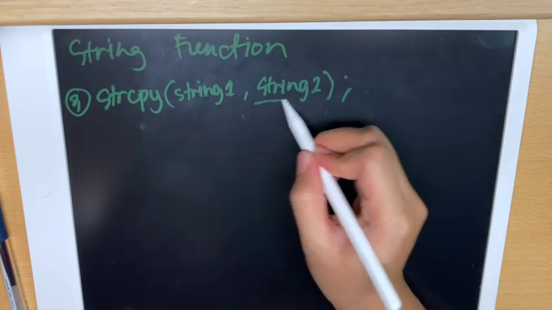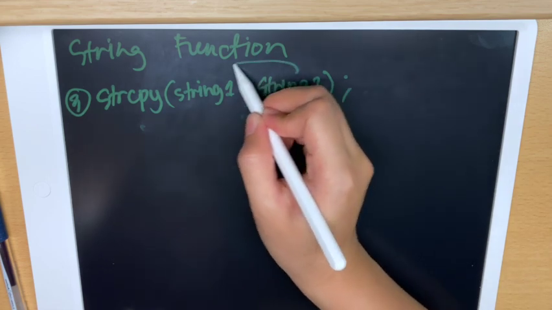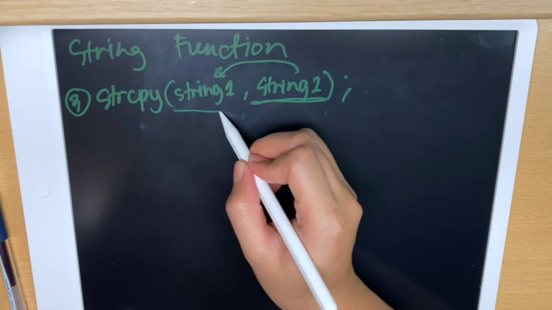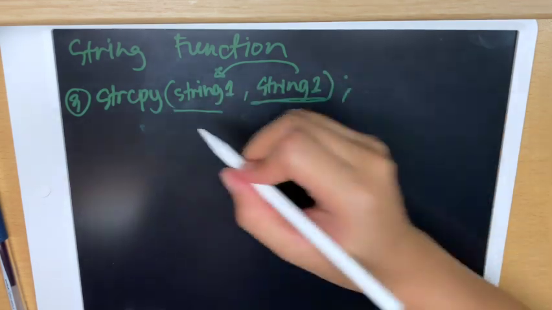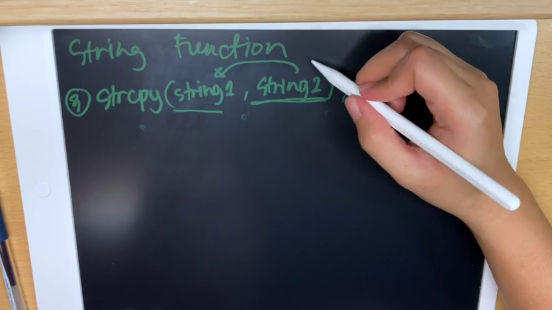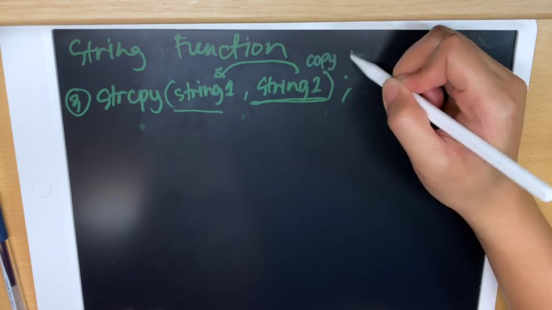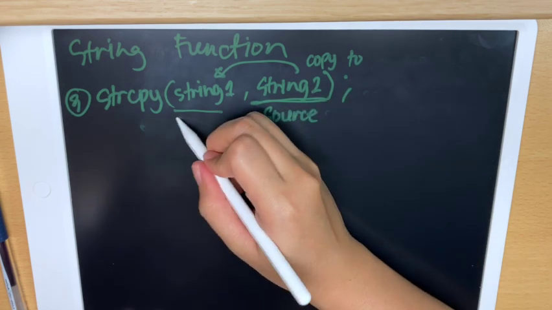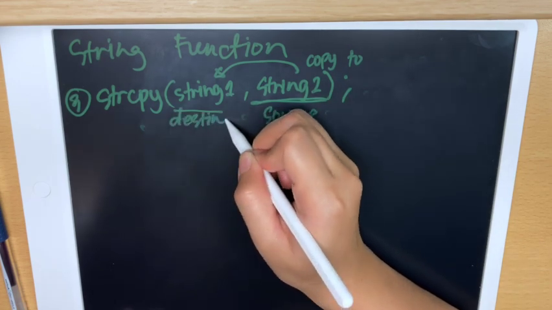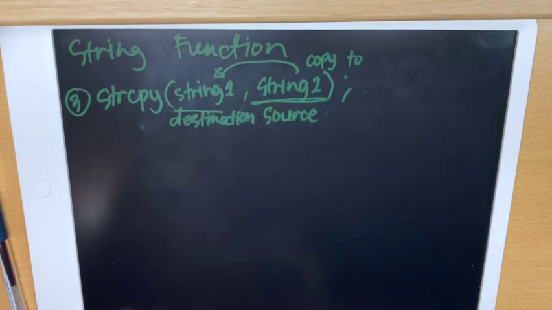So this is the string you want to copy to, or duplicate the value of the string to. So this is the source and this is your destination where you would like to copy it.